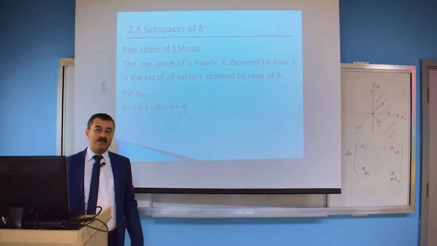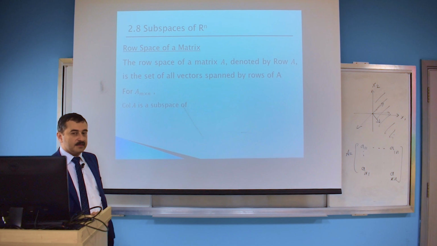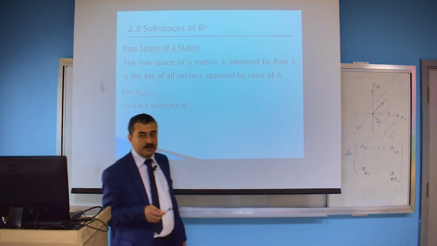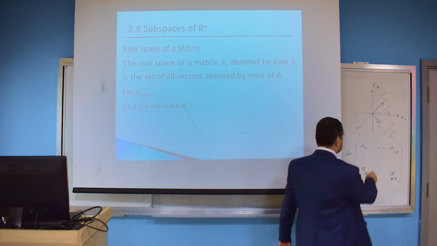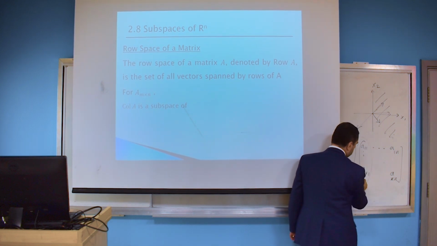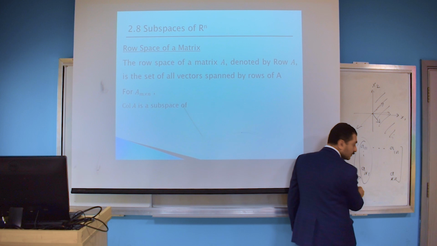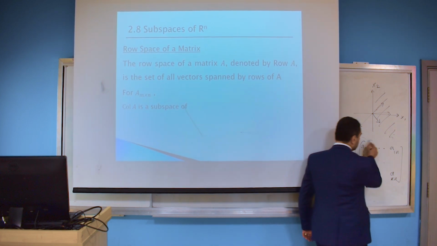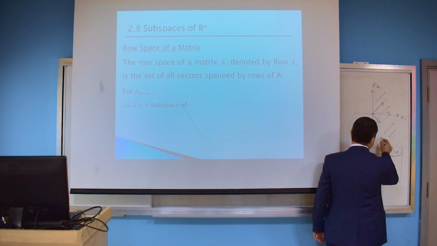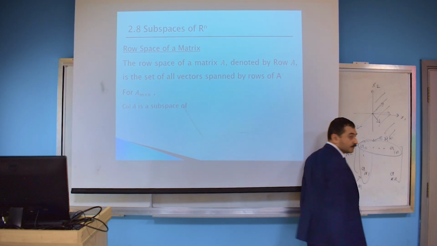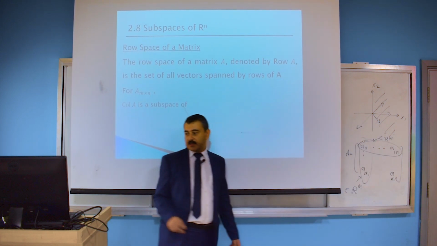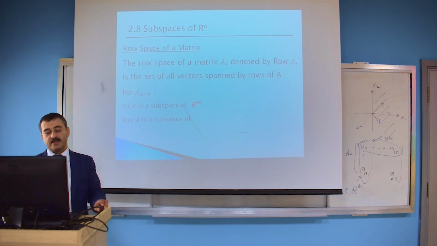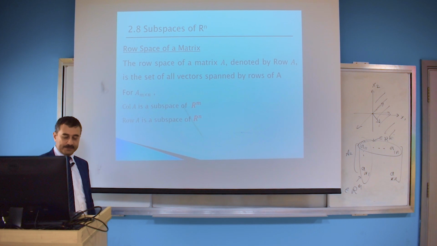The column space would be a subspace of which space? The columns belong to R^m, right? Rows belong to R^n. So the column space would be a subspace of R^m, and the row space is a subspace of R^n.